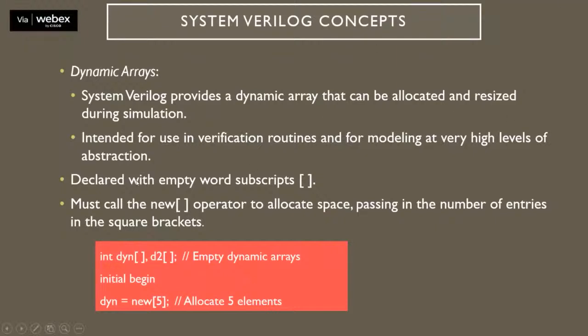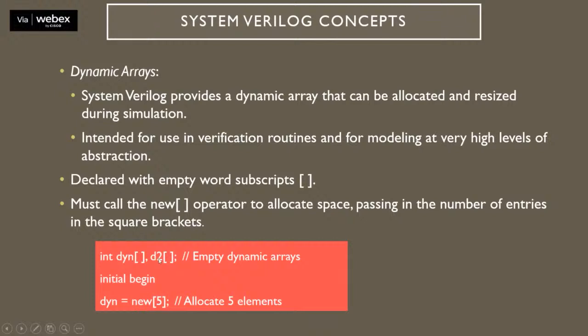Now, how are we going to identify whether it's a dynamic array? The dynamic array is identified with the syntax which has an empty square block. Now, how do we initialize it? So int, and a dynamic name is given which has an empty space over here.